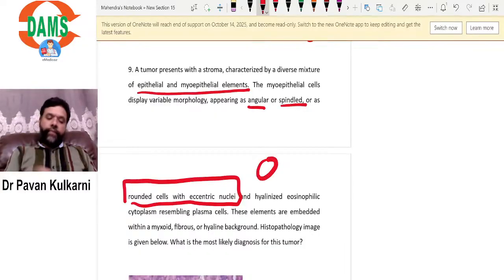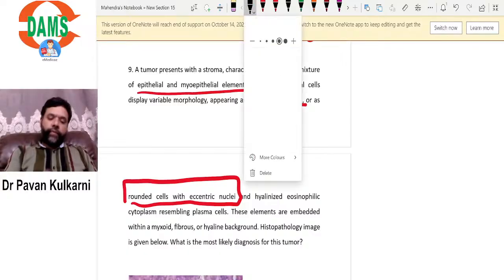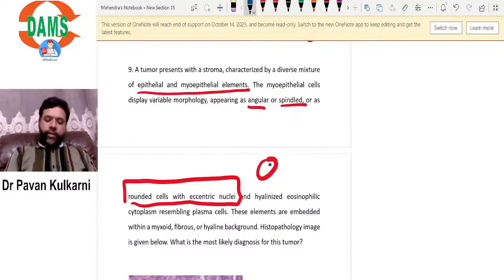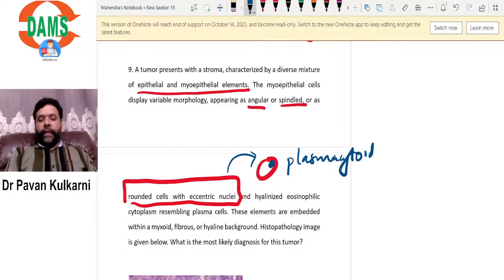This is how you will see. This is called as plasmacytoid cell. Myoepithelial cell which is plasmacytoid. So you are seeing epithelial cells and you are seeing myoepithelial cells.